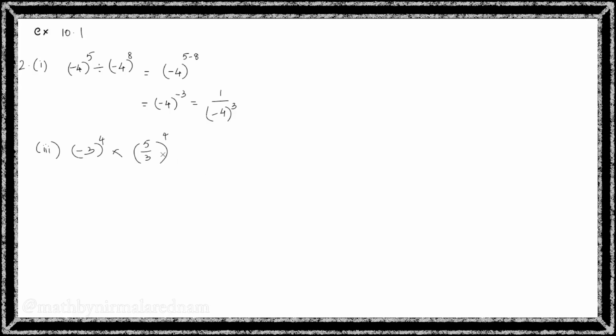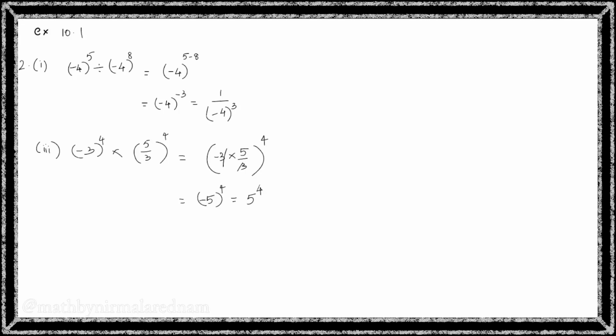Now here you can see that the bases are quite different, minus 3, 5 by 3, but the exponent is the same. That means I can bring all of these bases under the same bracket, whole power 4. Now I can simplify this and I'll write this as minus 4 whole power 4, and minus 1 multiplied 4 times will give me a positive number. So I can write it as 5 power 4, right? So that is your third question.